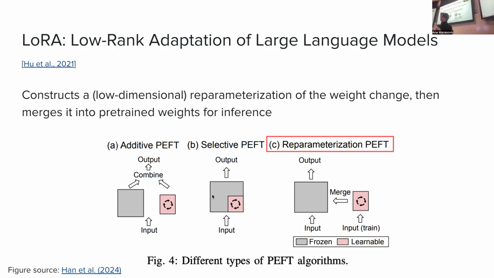Because we are doing a low-rank reparametrization, we are going to have fewer parameters in the reparametrization. And then when we fine-tune the reparametrized version, we are just fine-tuning fewer parameters, because simply there are fewer of them. And that's how it works.